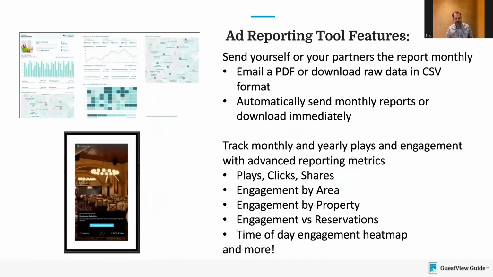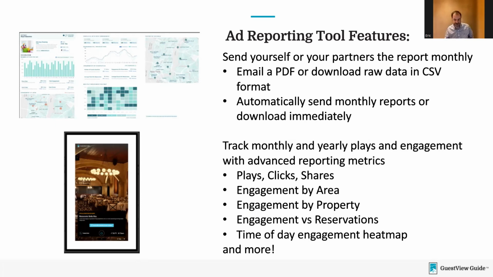This allows you to send yourself or your partners a report that is monthly. It can be automated, or you can download it immediately and get a monthly report, as well as some yearly reports. So you can track things like plays, clicks, shares, maybe track some engagement by area or by property.